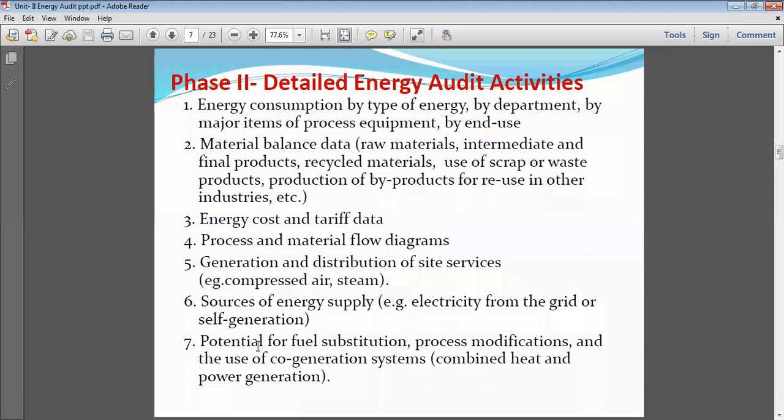Now next is the potential for fuel substitution. Is any potential or scope there to replace the existing fuel? For example, there is a boiler. A boiler is used only for generating steam. So you can replace a coal fired boiler with an oil fired boiler, because in the coal fired boiler the control is very limited, isn't it?